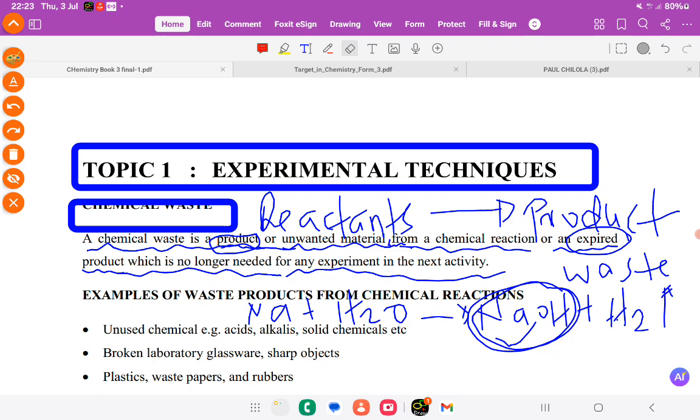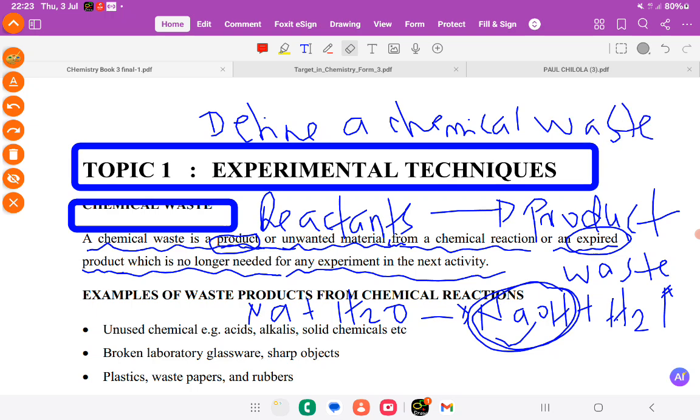Make sure you know the definition of a chemical waste fully well, because a question can come to simply ask you to define a chemical waste. Define a chemical waste, 1 mark. A chemical waste is simply an unwanted material. It is a product from a chemical reaction.